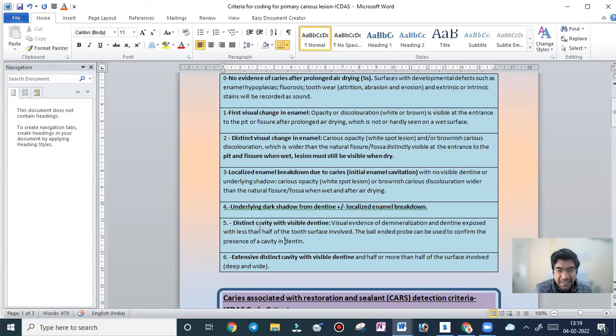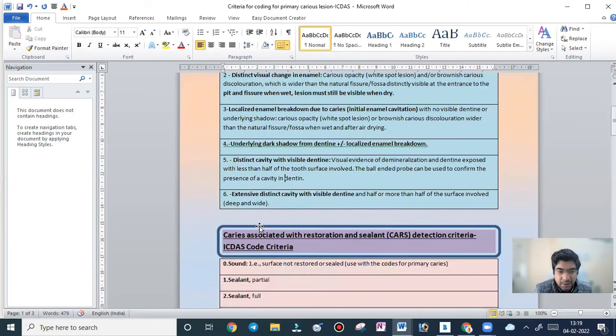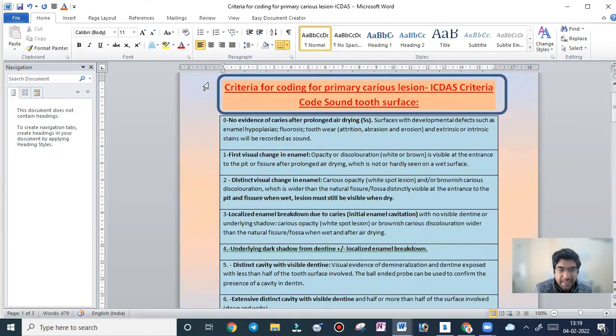Fifth score is a distinct cavity with visible dentine. There is visual evidence of demineralization and dentine exposed, with less than half of the tooth surface involved. So these are the criteria for coding the primary carious lesion.